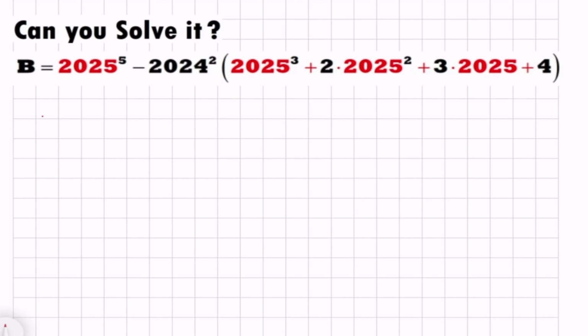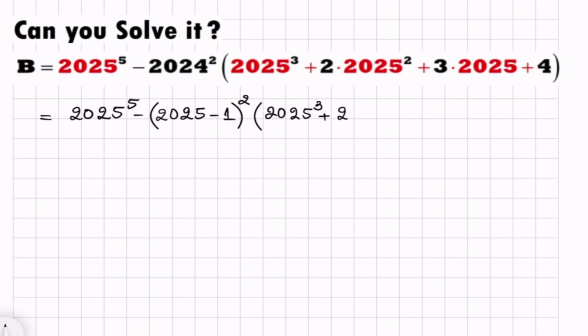So then we can write it as 2025 raised to the power 5 minus (2025 minus 1) squared, times 2025 cubed plus 2 times 2025 squared plus 3 times 2025 plus 4.